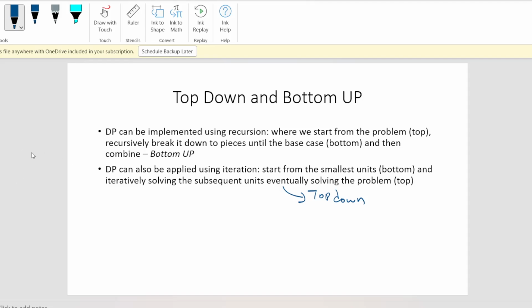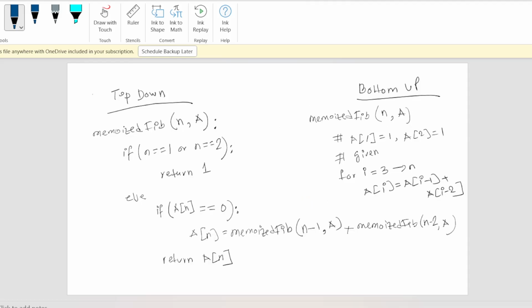Now let us look at a code example of Fibonacci, and let's see what bottom-up and top-down means. So আমরা Fibonacci pseudocode already জানি। এখানে আমরা দেখব কিভাবে, ফার্স্টে আমরা দেখব কিভাবে memoization করা হয়। Let's look at the top-down version.